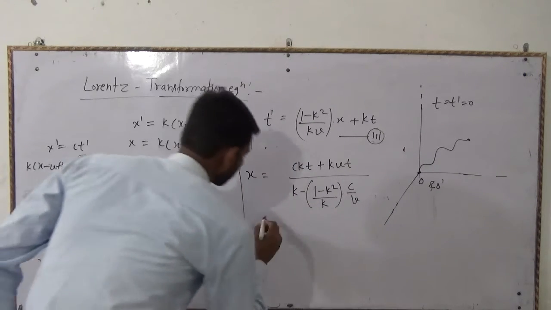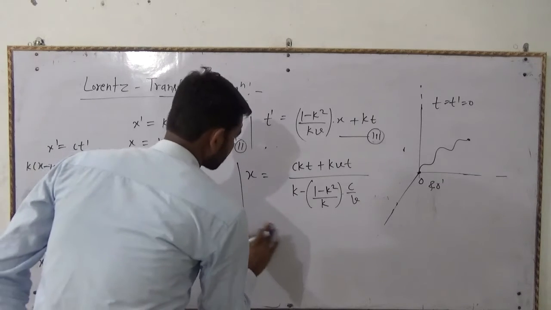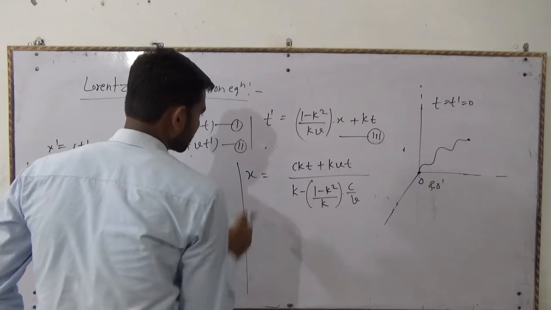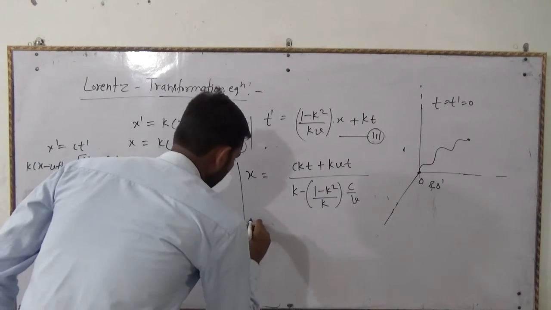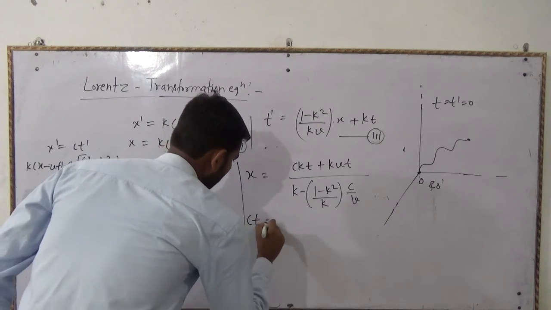Now, after simplifying it, friends, by equation 4 we can write the value of x, which was ct.